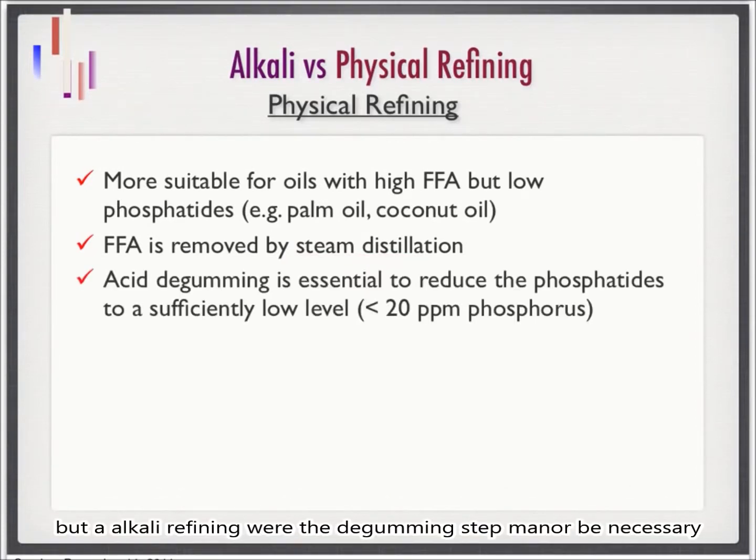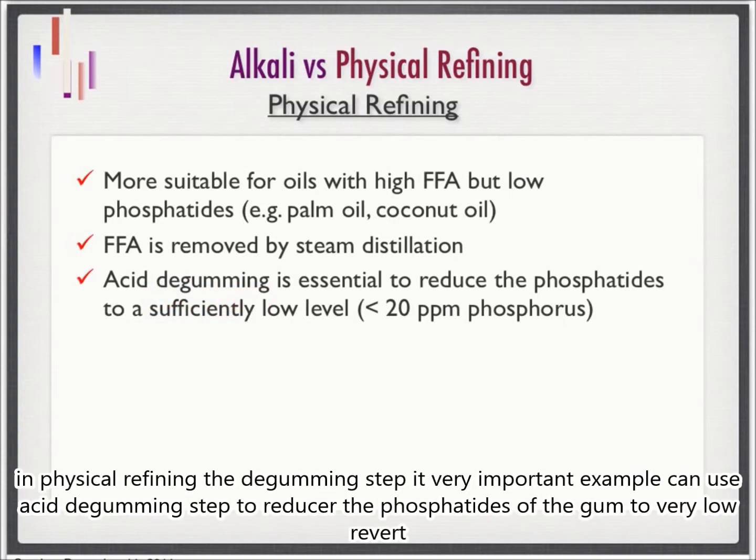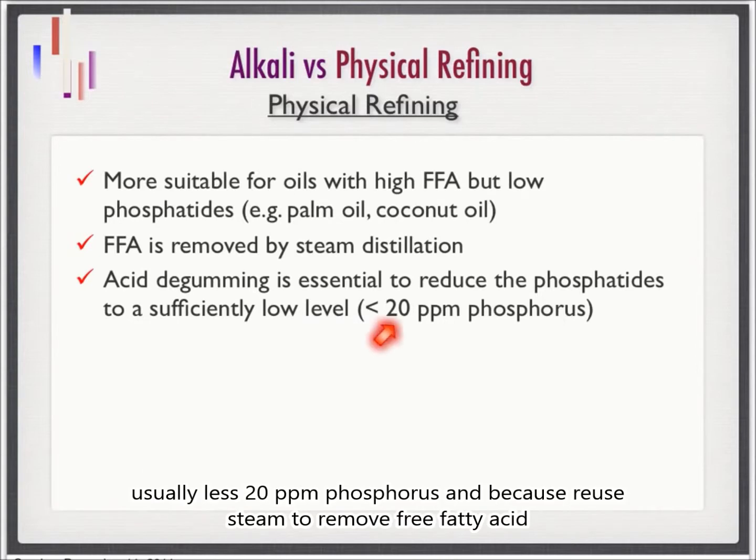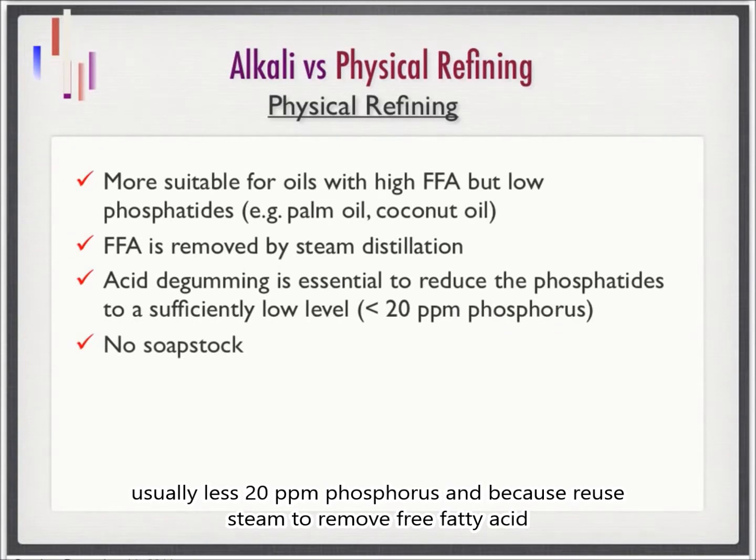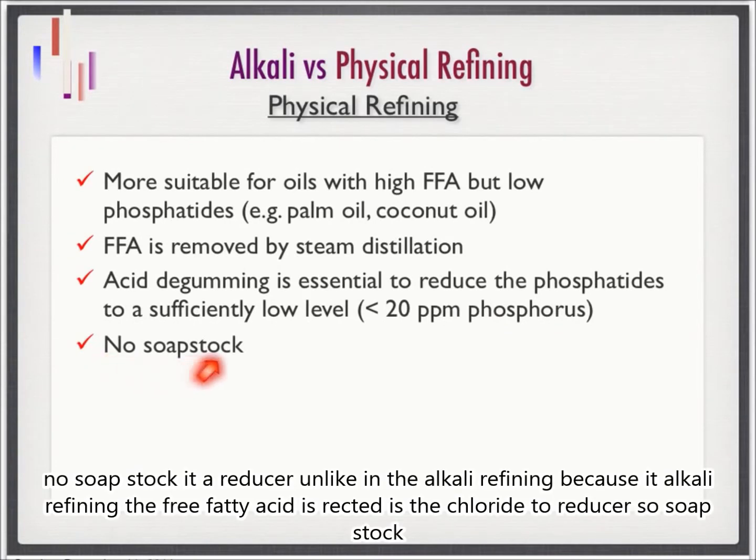But unlike alkali refining, where the degumming step may not be necessary, in physical refining the degumming step is very, very important. For example, we can use the acid degumming step to reduce the phosphatides or the gum to a very low level, usually less than 20 ppm phosphorus. And because we use steam to remove the free fatty acid, no soap stock is produced, unlike in alkali refining, because in alkali refining the free fatty acid is reacted with the alkali to produce soap stock.